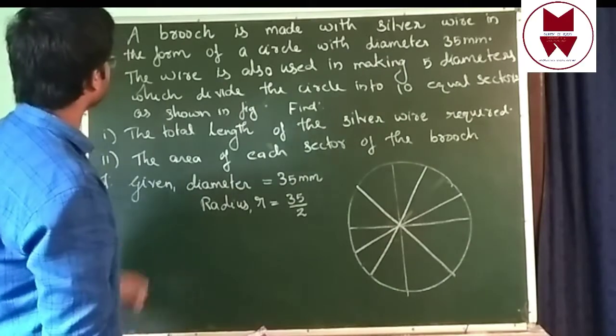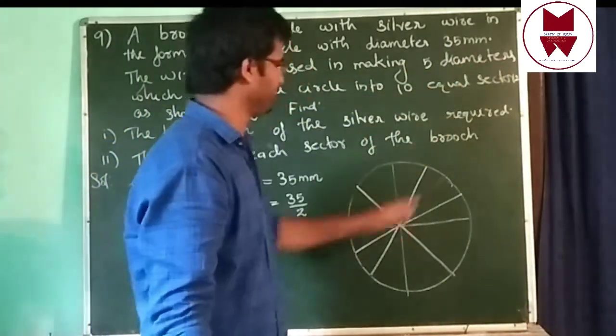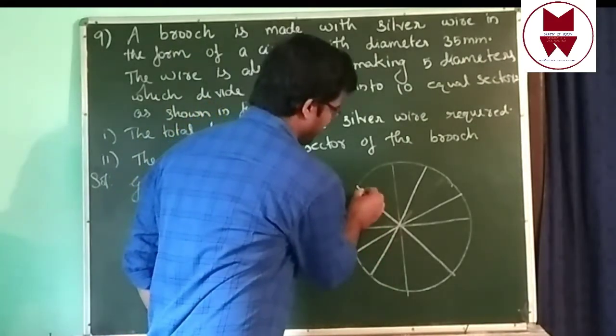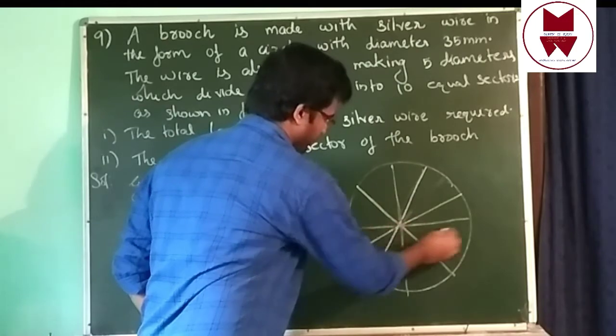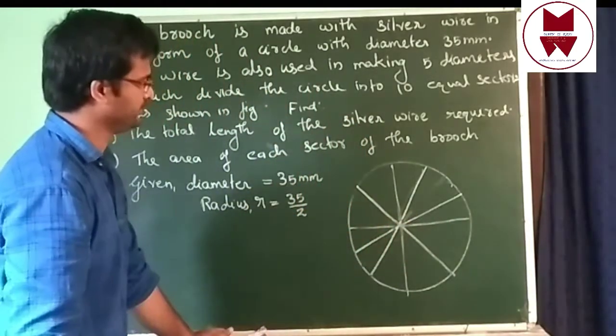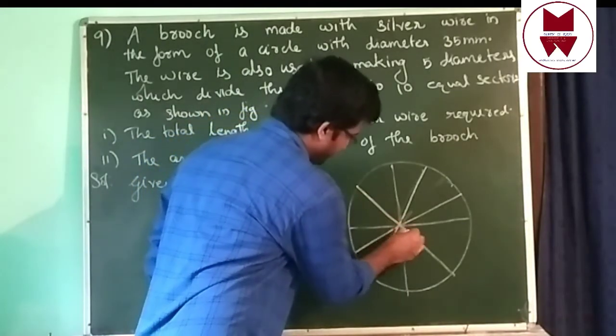Then the wire is also used in making 5 diameters. Here there are total 5 diameters. You can count 1, 2, 3, 4. Total 5 diameters. Don't consider radius; diameter means the total length you will consider.